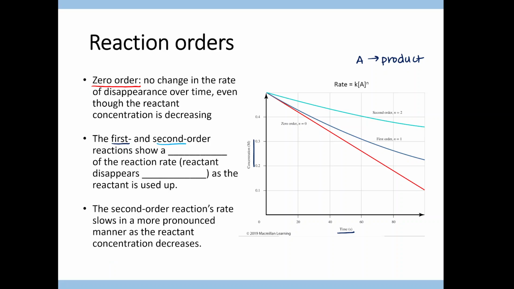So if something is 0 order, if that concentration is raised to a power of 0, that means that over time, there's no change in the rate of disappearance of A, even though the reactant concentration is decreasing. So the concentration of A decreases at the same rate over time.